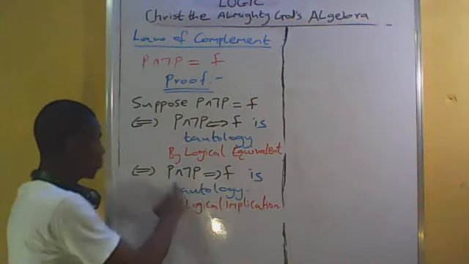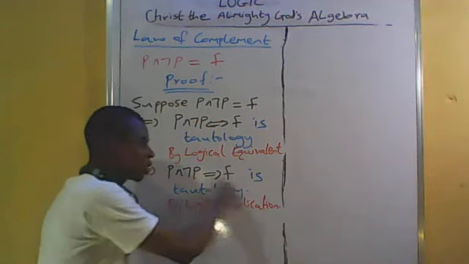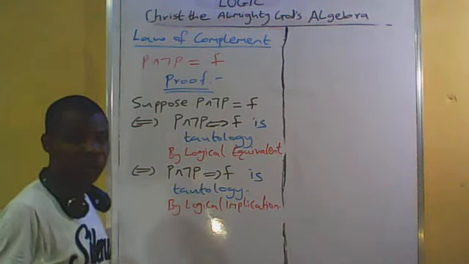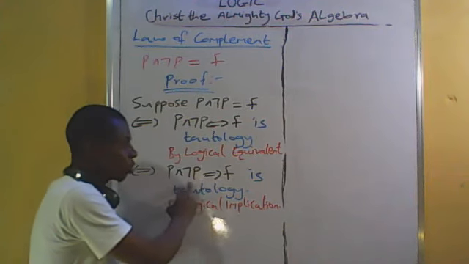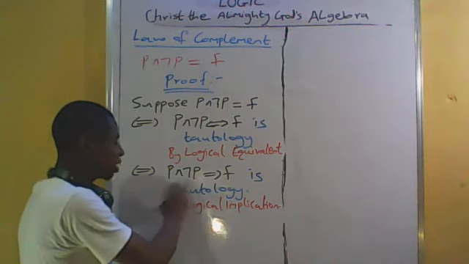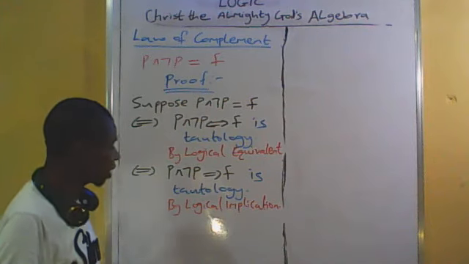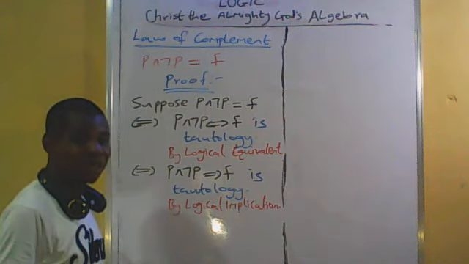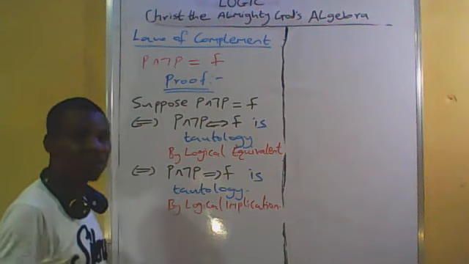It means that P and not P, the antecedent, is proper implication of the consequent F. And if it is proper implication of the consequent, we say that it is certain that P and not P, the antecedent, exists. And if it's certain that it exists, we say that P and not P, the antecedent, is logical implication of F, the consequent.